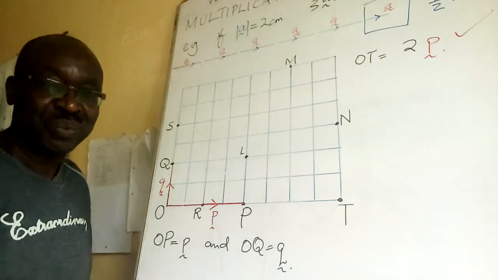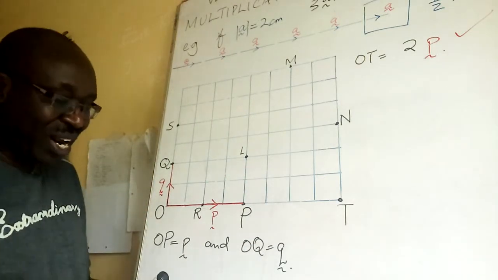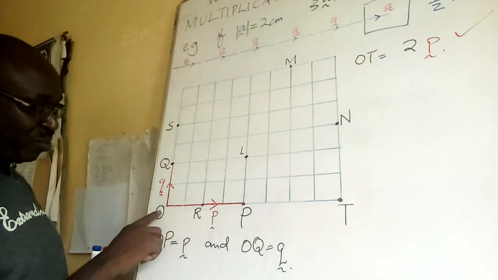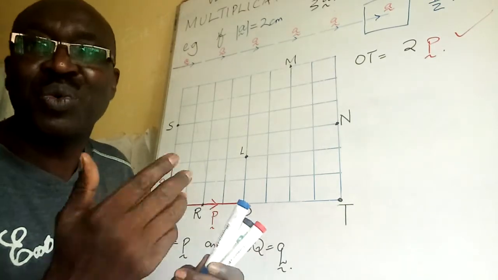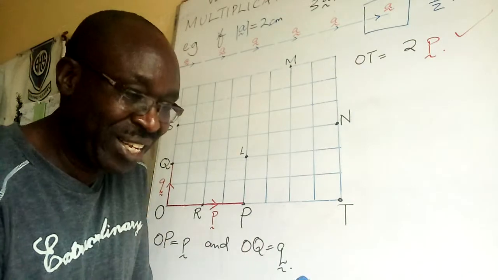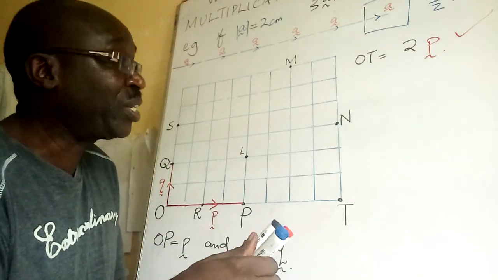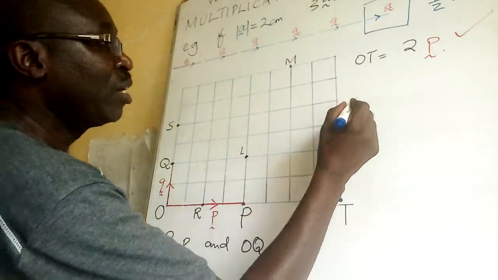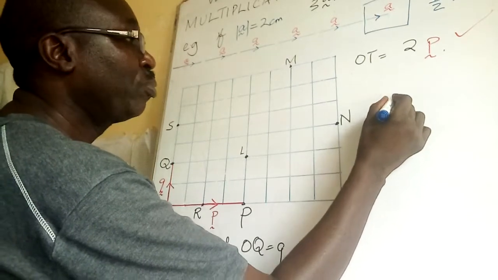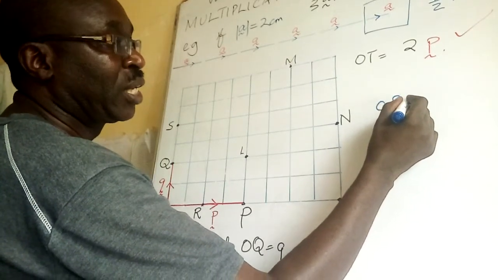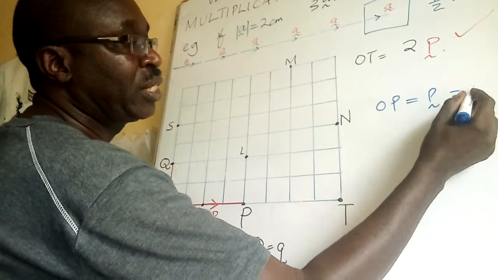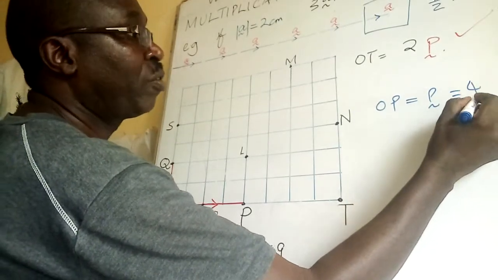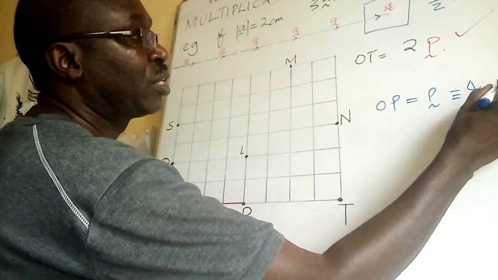What about if I ask you R? From O to R. Some people would do it this way, and I wouldn't mind. This way, I will rub that from O to P, which means P is represented by 4 units.